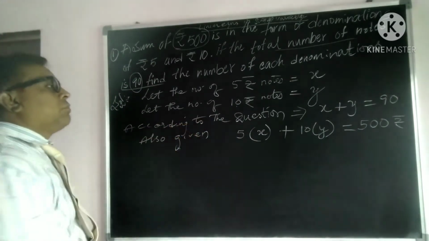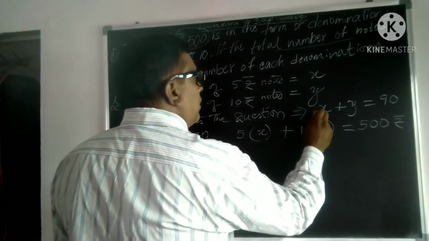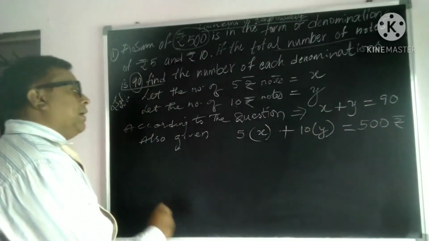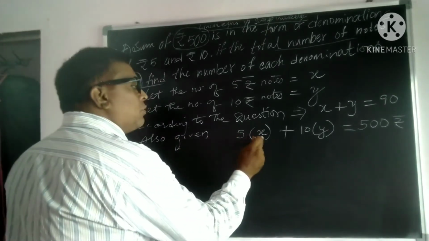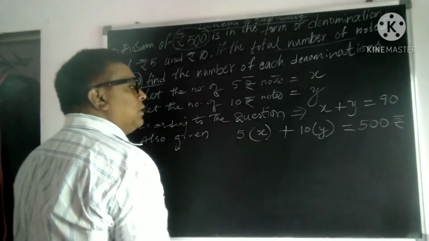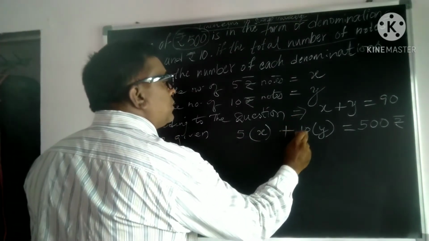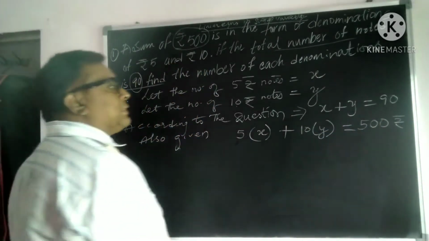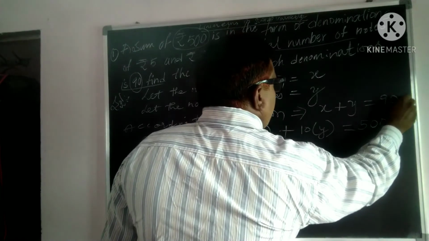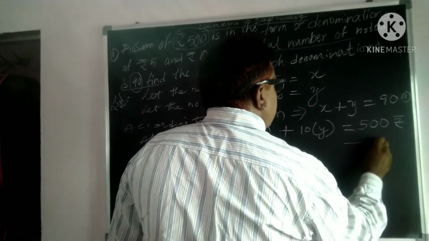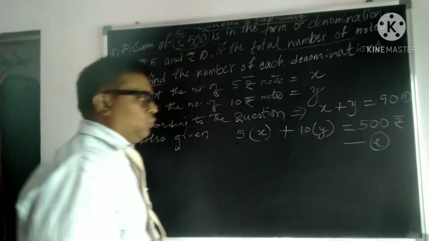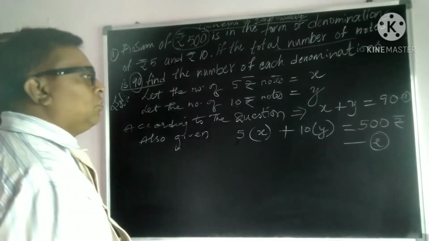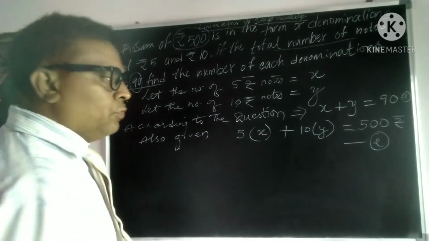According to the question, x plus y is equal to 90, and the value of the notes, 5 into x plus 10 into y, is equal to 500. Let us take these as equation number 1 and equation number 2. We have to solve equations 1 and 2 to get the x and y values.